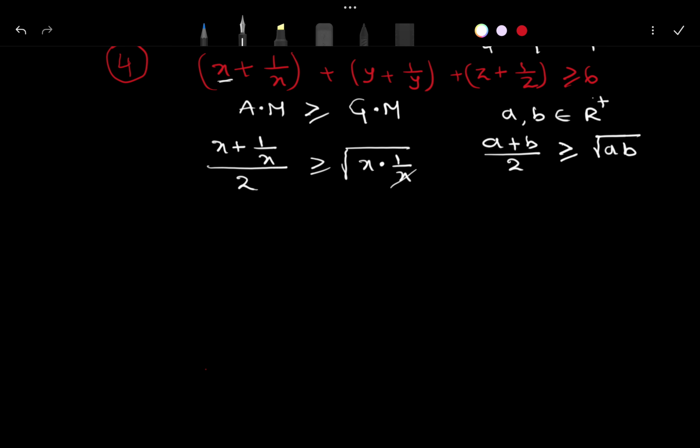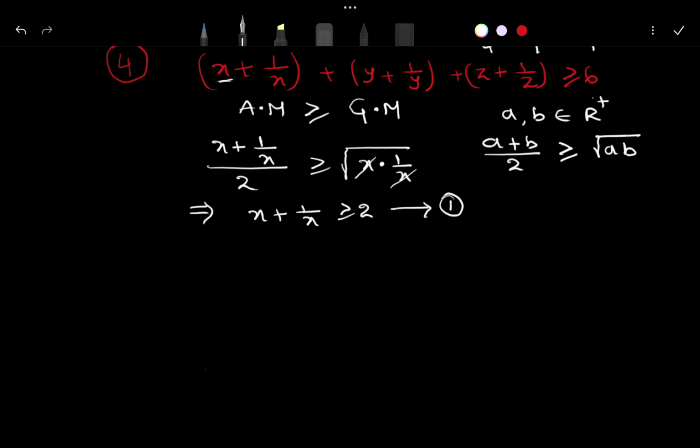Now here x and x will cancel. By cross multiplying, you will get x plus 1 by x greater than or equal to 2. So this is the first result.